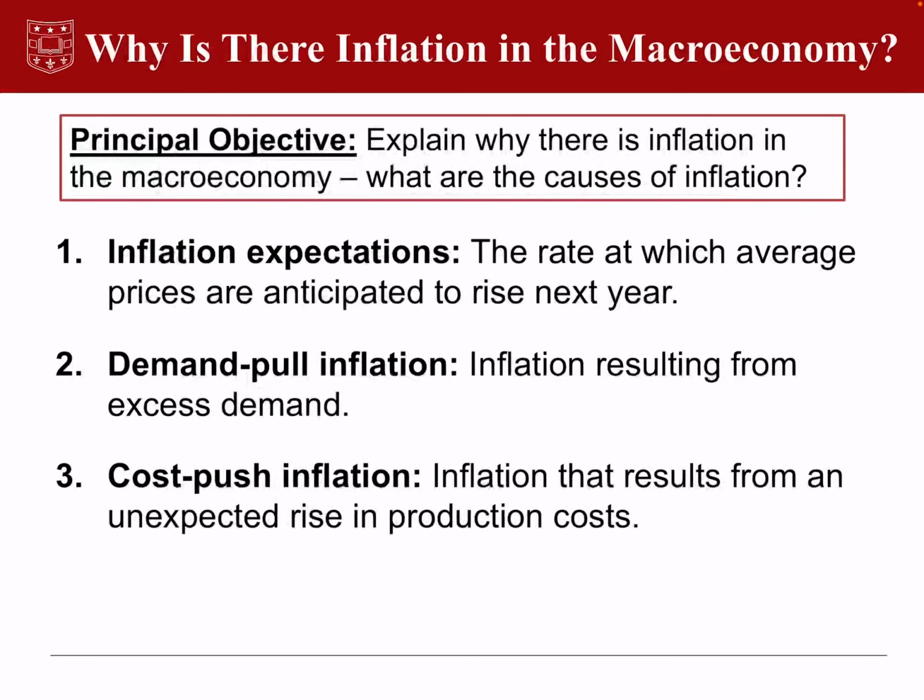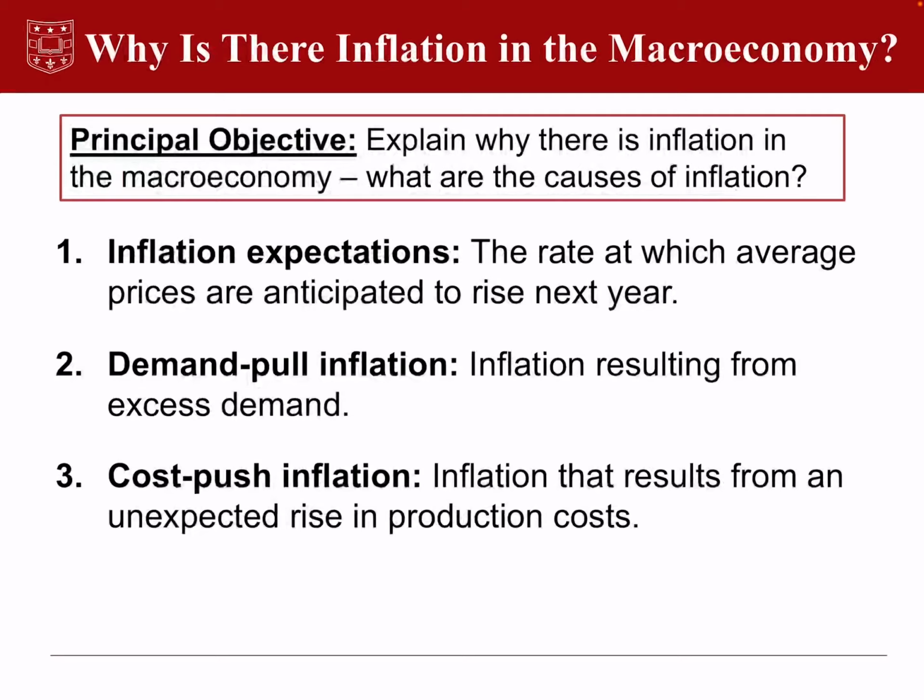So, when we think about inflation, our principal objective in this chapter is to explain why there is inflation in the macroeconomy, meaning what are the causes of inflation. And there are three things that we think of as driving inflation or resulting in inflation in the macroeconomy.